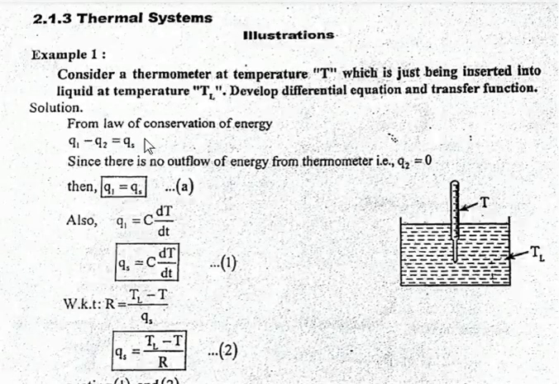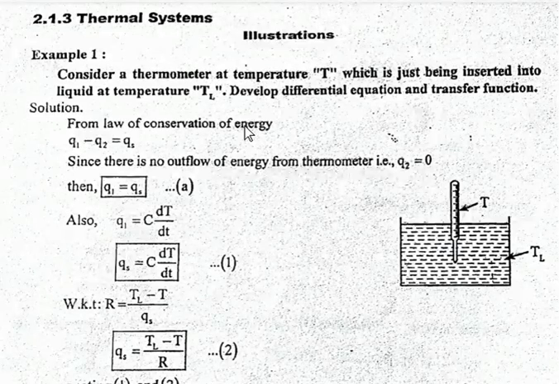From the law of conservation of energy we can apply here. You can take any control system. It may be a mechanical, electrical, thermal, hydraulic or pneumatic system. So how to get the mathematical expressions? By applying one basic law.